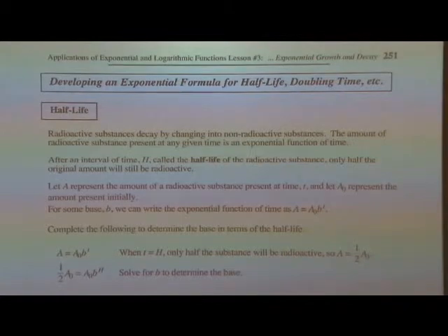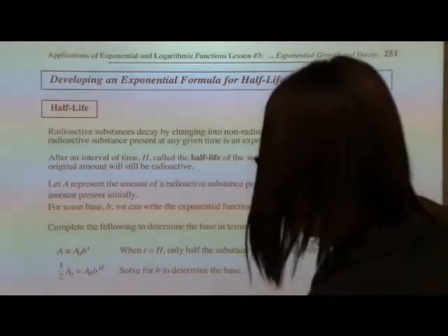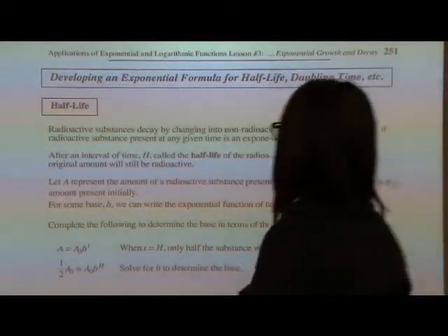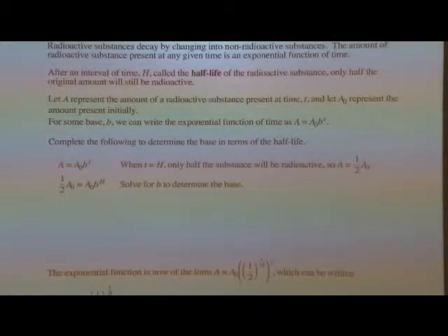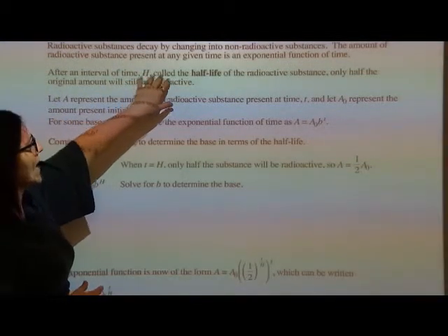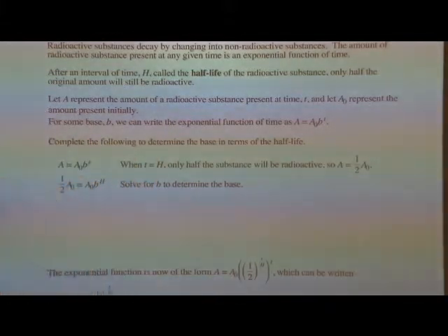Okay, looking at half-life, doubling time, etc. Radioactive substances decay by changing into a non-radioactive substance. The amount of radioactive substance present at any time can be given as an exponential function of time. And then after a certain time interval h, called the half-life, only half of the original amount will remain as being radioactive.